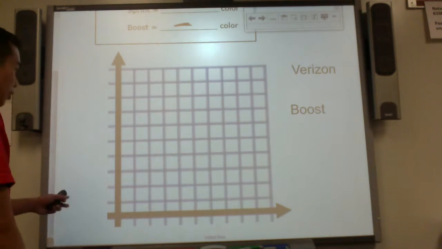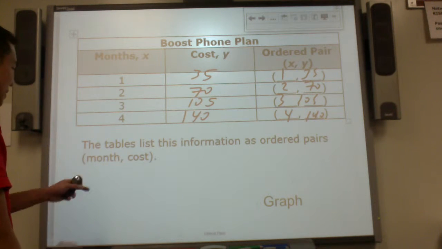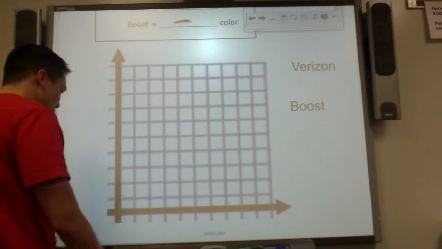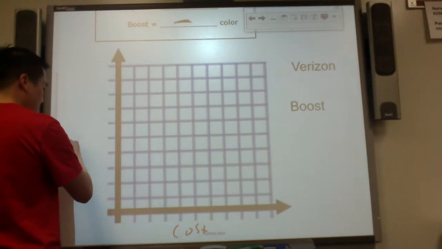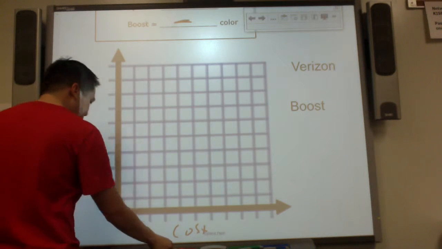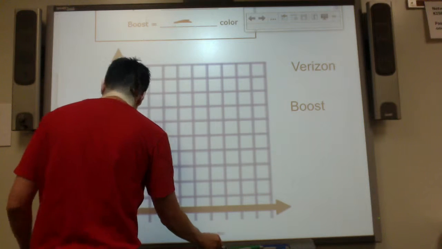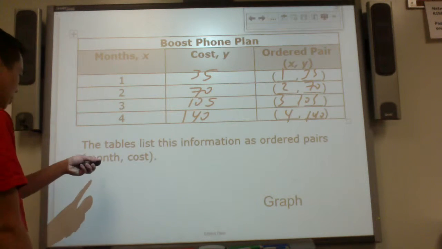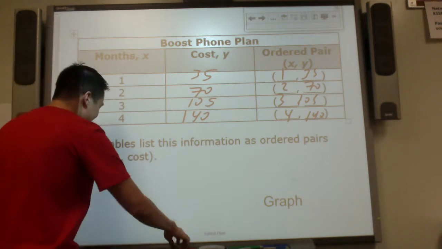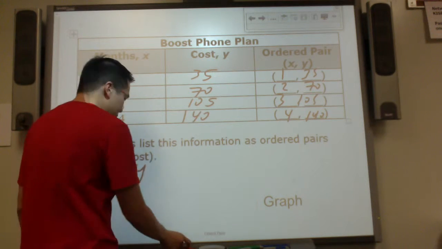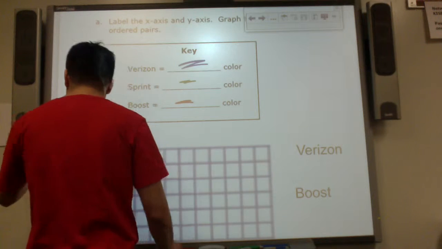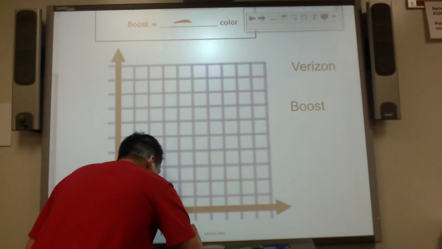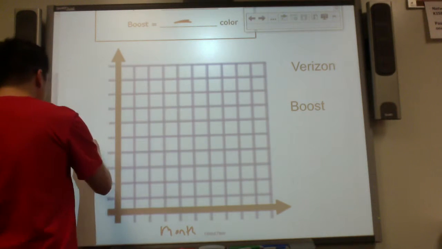So label the x-axis and y-axis. Let me go back. Month is the x-axis, and the y-axis is cost.